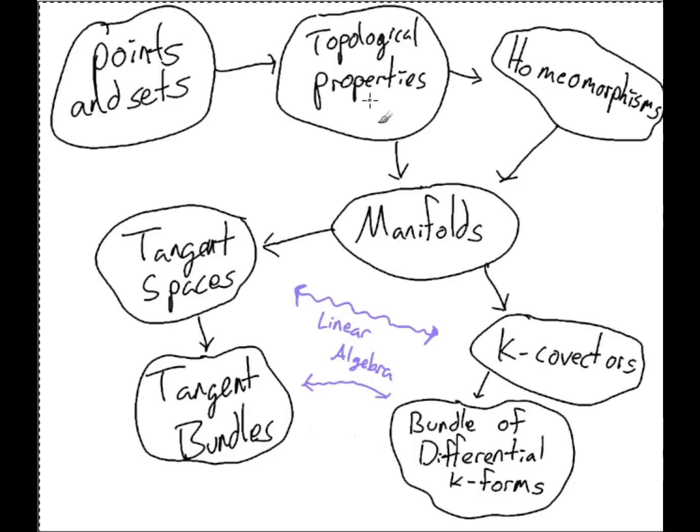We're going to talk about connectedness, we're going to talk about compactness, and we like topological properties because these are the things that don't change under homeomorphism. Homeomorphisms are going to be the maps between topological spaces that describe two topological spaces being the same.